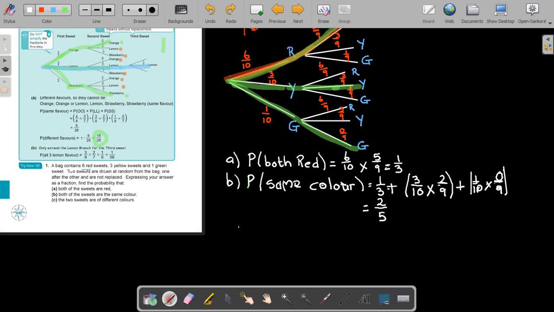Okay, and then the final one, the last one, the 2 sweets are of different colors. Now this example was actually helping you. Can you remember the different colors will be, let's just put the highlight there. The different colors will be this branch, this branch, this branch.